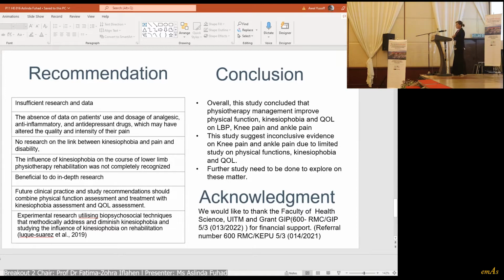This study also suggests inconclusive evidence on knee pain and ankle pain due to limited study on physical function, kinesiophobia, and quality of life. Therefore, further study needs to be done to explore these methods.